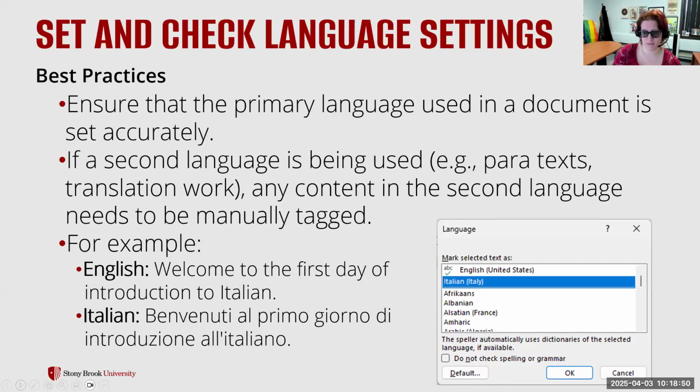If I wrote this same phrase in Italian, but I set it to English, it's going to sound like a really bad tourist, I think is the best way of describing it. So now I'm going to sound like a really bad tourist. Benvenuto al primo giorno di introduzione all'italiano. It's going to sound very stilted and uncertain. And also my spell check and my grammar checks are not going to work because it doesn't know what language it's reading. So we want to set languages correctly.